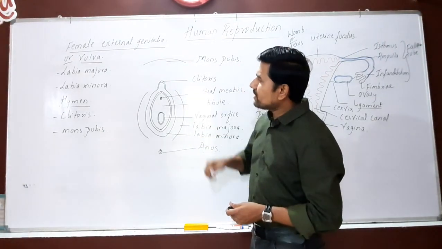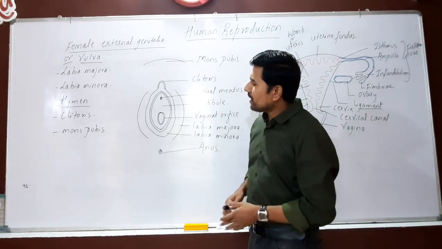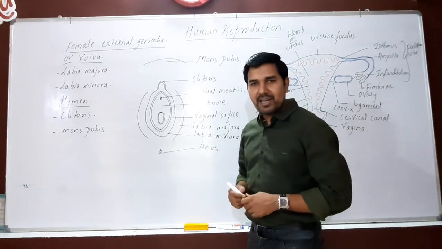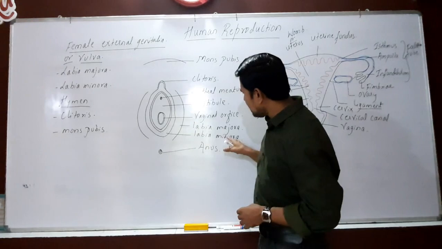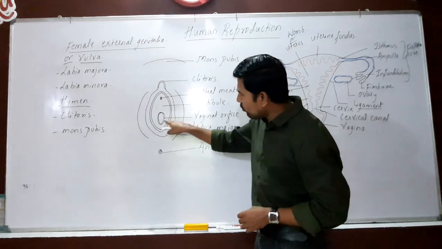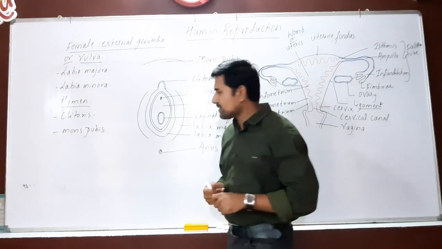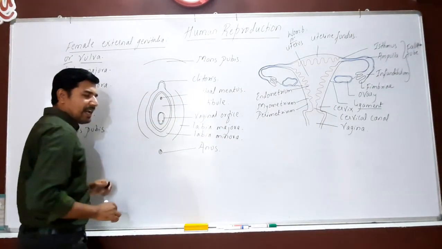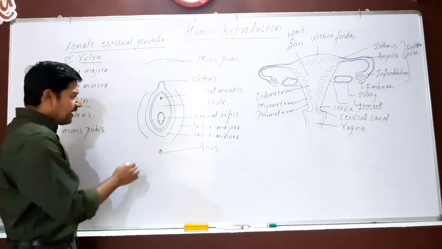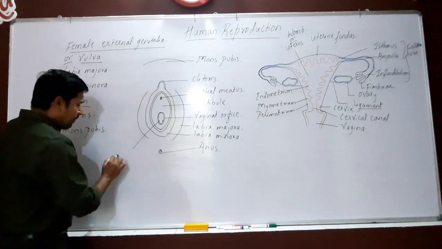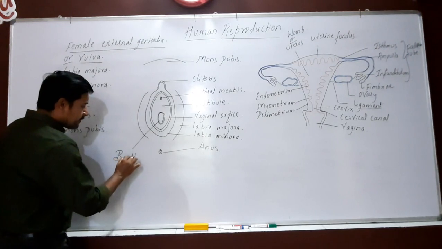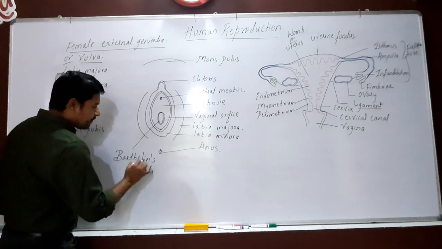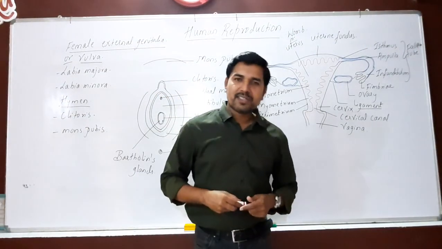And in this female external genitalia, in the opening of the vagina, which we call the vaginal orifice, there are certain glands located on its interior part. Now these glands are called the Bartholin's glands.